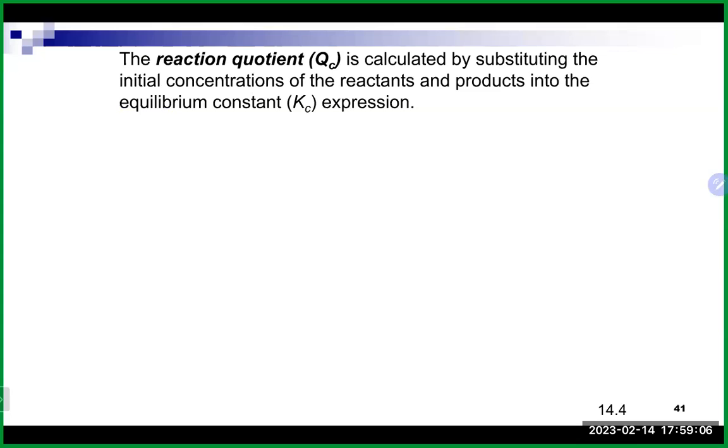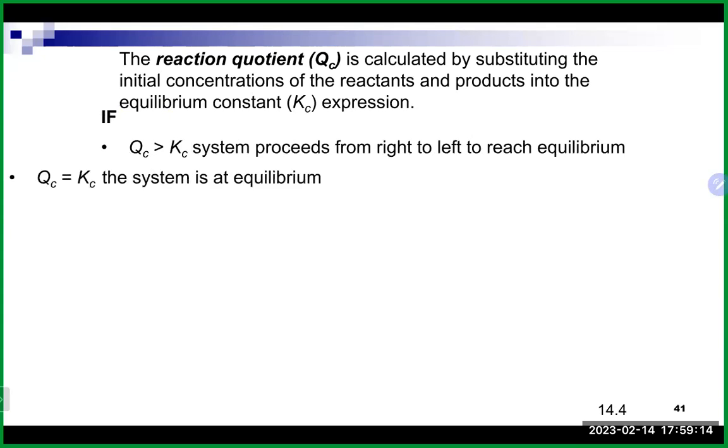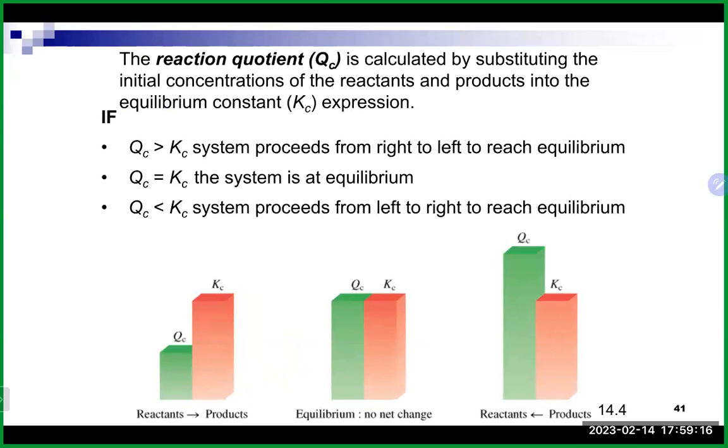So the next thing we're going to talk about is a break from K for a second and talk about a different letter of the alphabet, which is Q. And Q is the reaction quotient. Really, Q is used for a couple of situations that we will see. One situation, I kind of call a straight up Q type question.